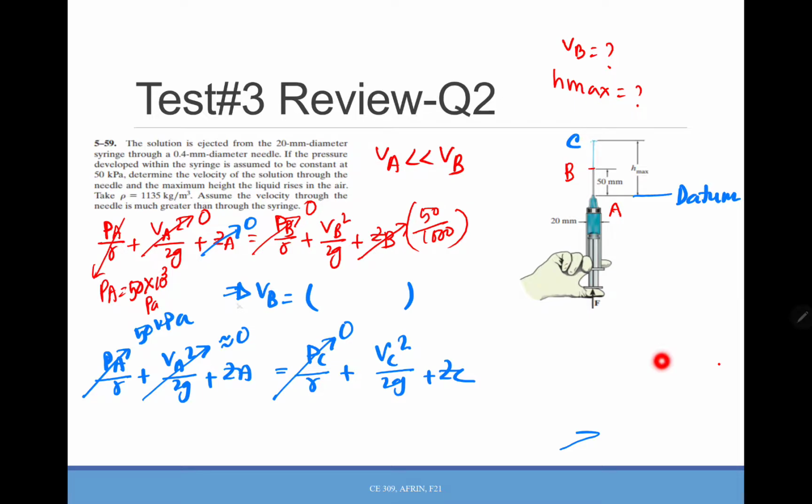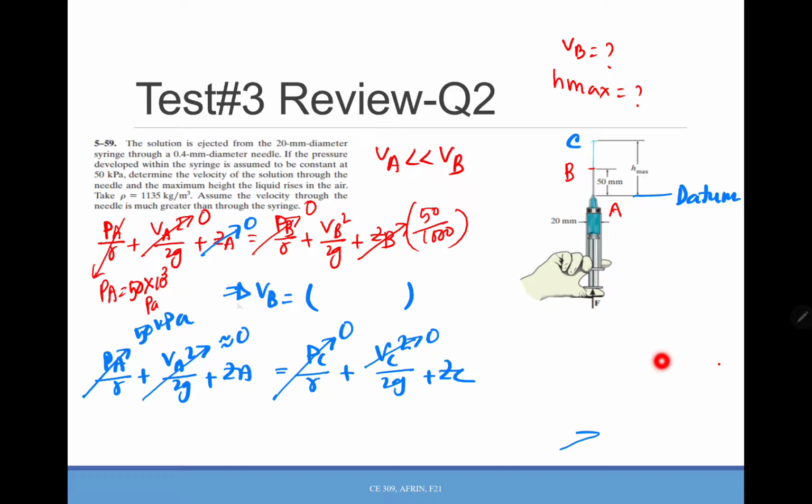Now VC, the velocity at C, will be 0 here, because when the velocity is 0, that's when the fluid will stop moving, and that is the maximum height here. Okay, so this will be 0 also.